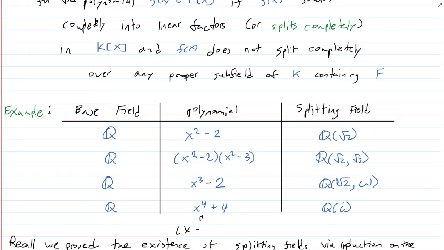All right, so we were just talking about splitting fields and some examples of splitting fields. So the splitting field of x to the fourth plus 4 is Q adjoin i, because what are the roots of this polynomial, x to the fourth plus 4? Well, first you could write this as x squared minus 2i times x squared plus 2i, right?